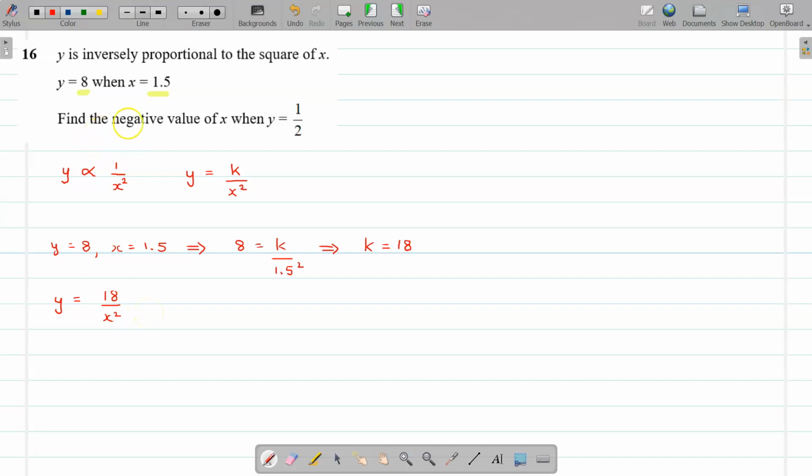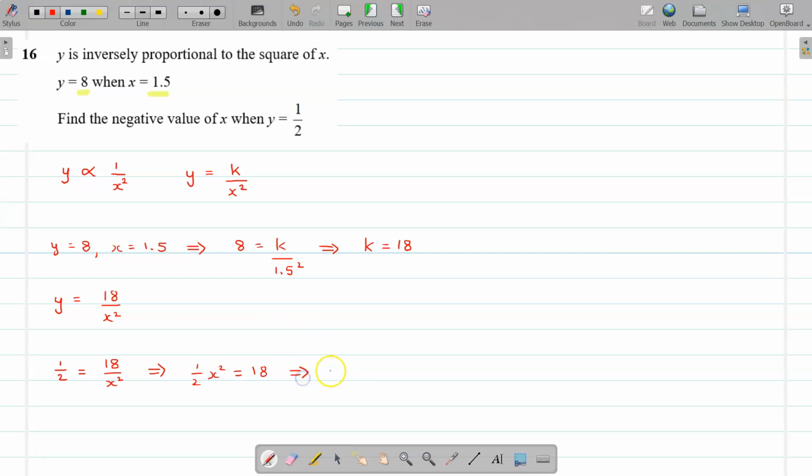And then it says find the negative value of x when y is a half. So what I now do is replace y with a half. So I have a half is equal to 18 over x squared. Multiply both sides by x squared. So a half x squared is equal to 18. Double both sides.